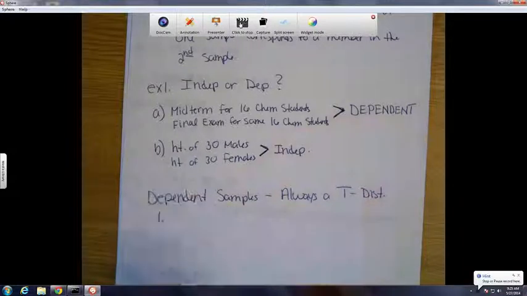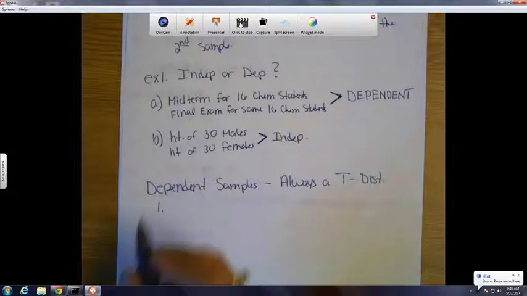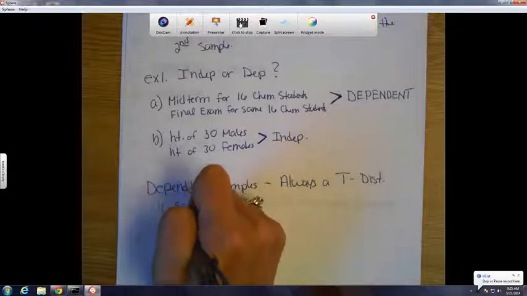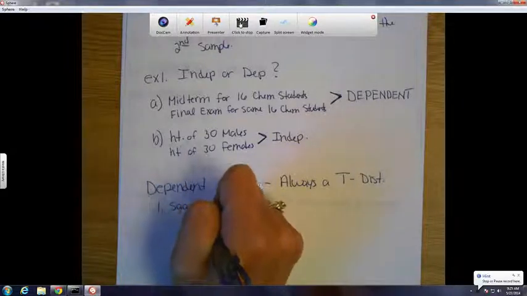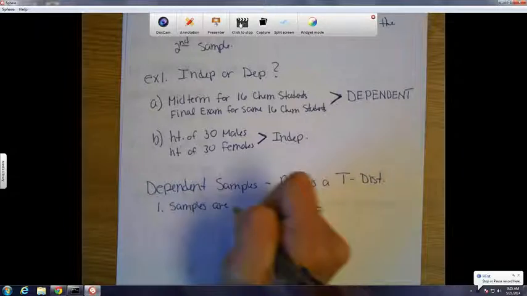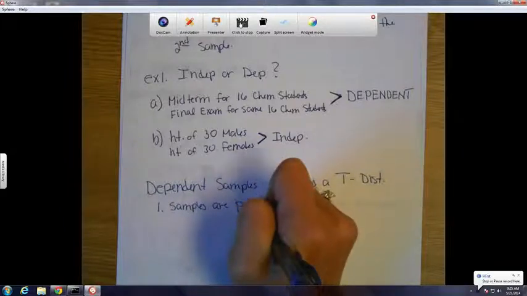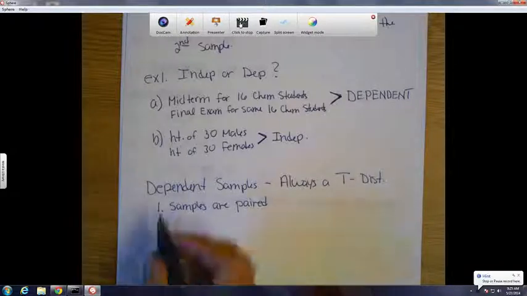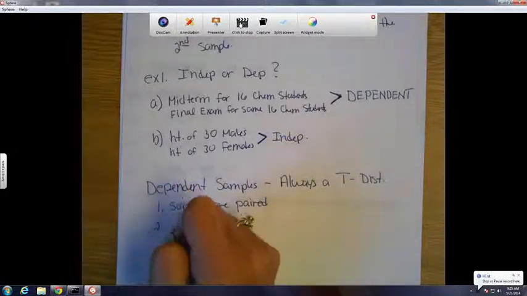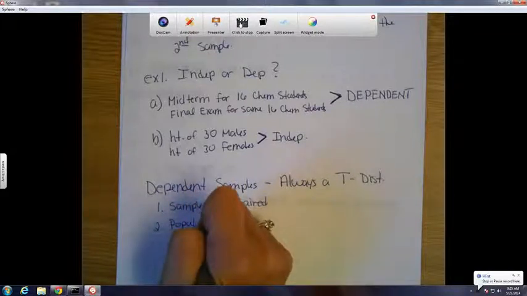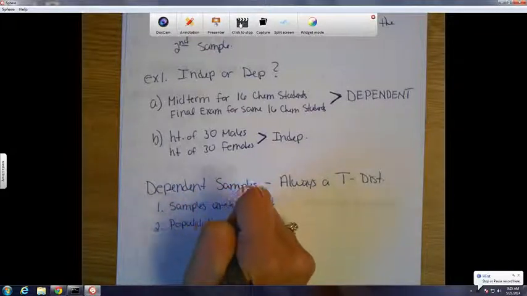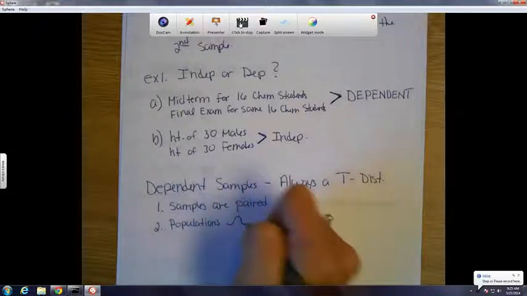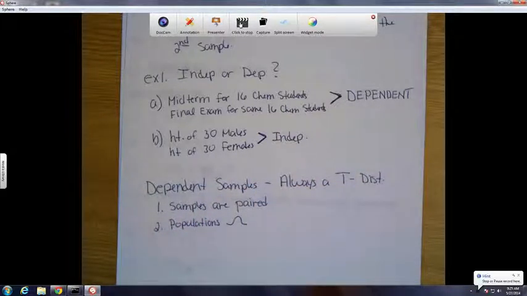Okay, so when do I do this? Samples have to be paired. Both populations have to be normally distributed.